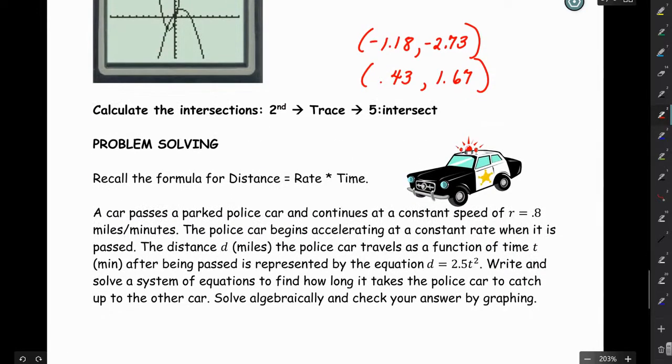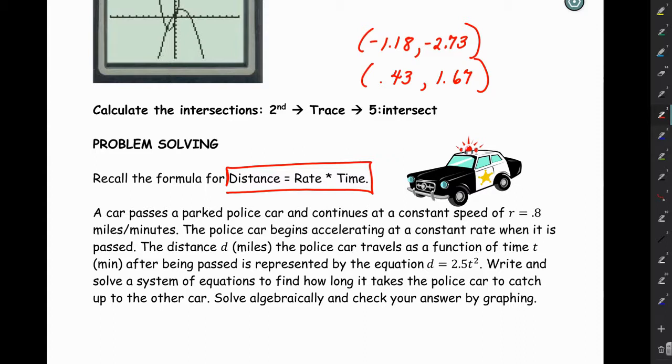All right, now we're going to look at a real-world problem using the formula for distance, and that's rate times time. A car passes a parked police car and continues at a constant speed of r equals 0.8 miles per minute. The police car begins accelerating at a constant rate when it is passed.